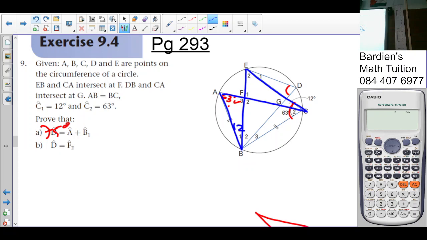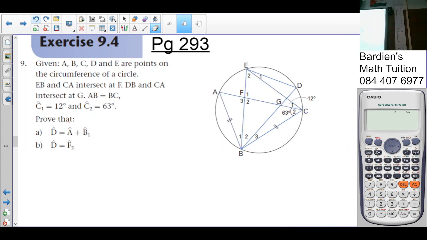Easy. Alright, we're going to use red for the first one. So we're saying that angle D is 75 degrees. Why is angle D 75 degrees?